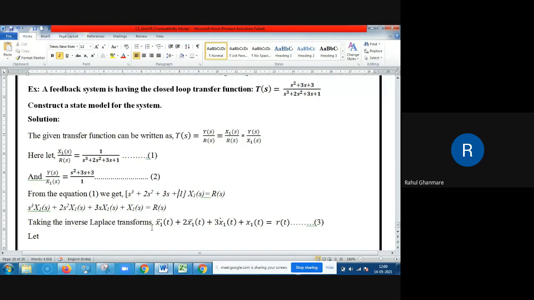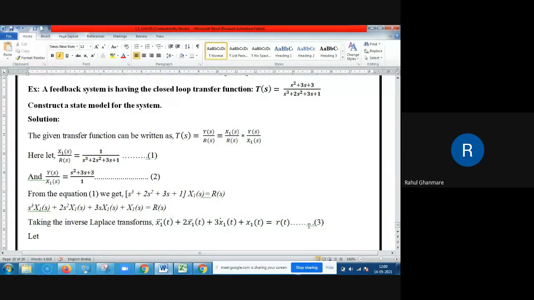So this is x triple dot 1 of t plus 2 x double dot 1 of t plus 3 x dot 1 of t, this is the first differentiation, plus x1 of t equals r of t.